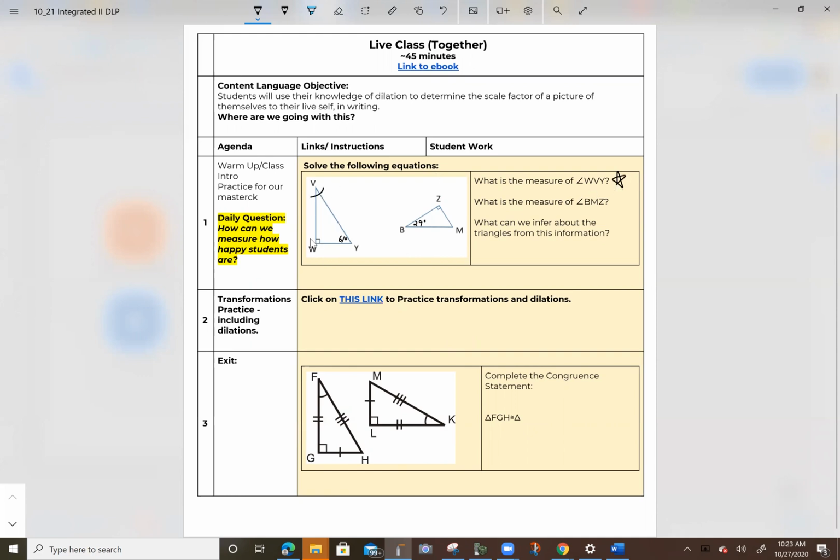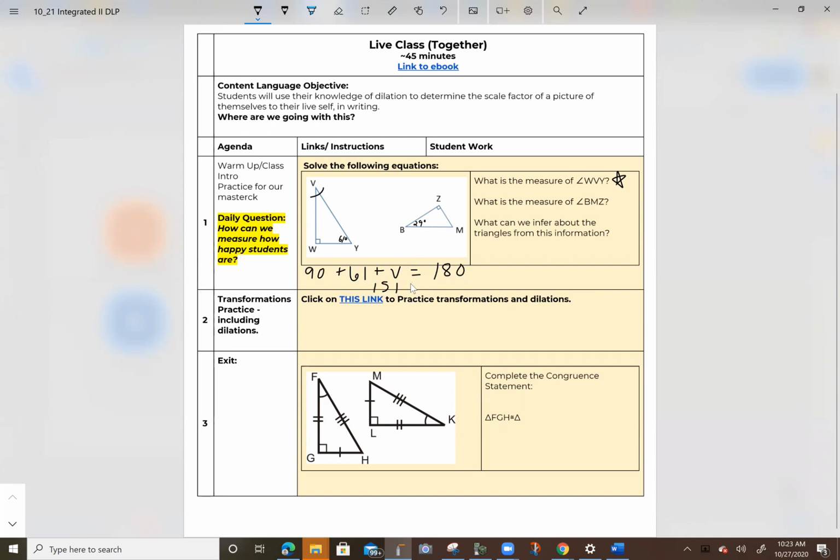So we're looking here because we go W and then V and then Y, and V's in the middle. So I know that W is 90 and Y is 61, and whatever V is, it has to add up to be 180. So 90 and 61 is 151 if my mental math is correct.